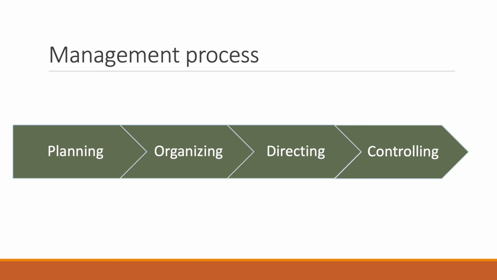We can see different kinds of processes like planning, that is, where are we going to go in this organization? Where our resources and capabilities are going to be focused. Those are the strategic goals of an organization, and then the tactical and specific goals that an organization needs to focus on. Then there is an organizing process.